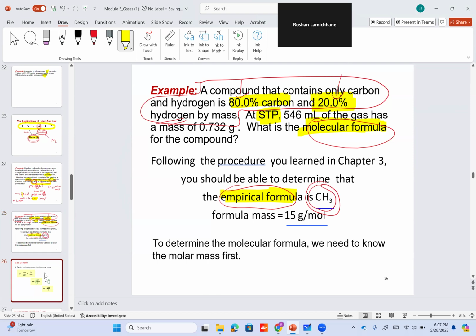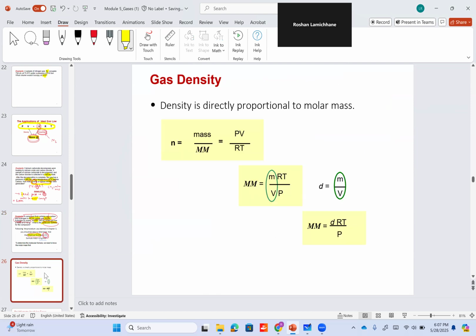All right, the last concept before I end this slide is the gas density concept, right? The idea behind this is, I just told you, my number of moles is mass over molar mass. How did I get this formula? Remember, I told you just that molar mass equals mass over number of moles.